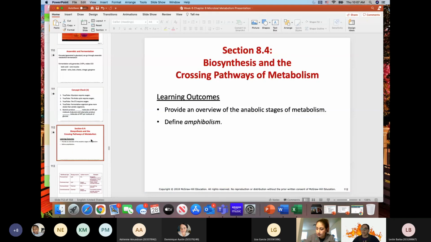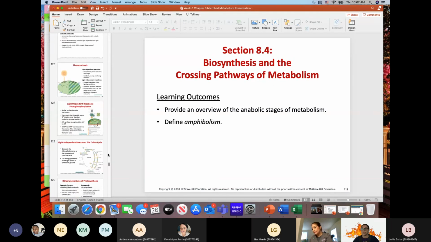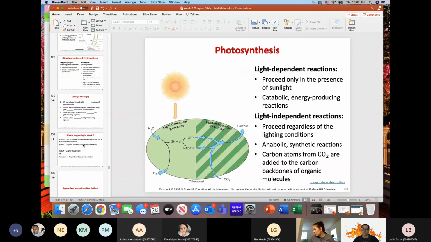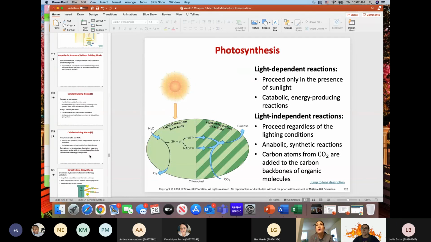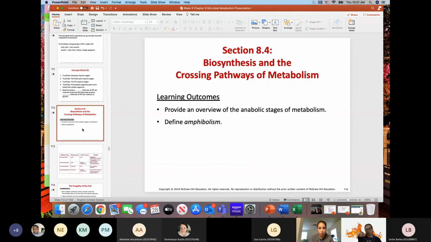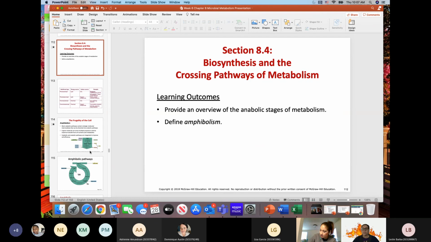The very end of this chapter goes into photosynthesis. But as you guys remember, I'm not going to require any photosynthesis. There's a small section at the end of this chapter that just discusses the upwards trend on the swoosh, the anabolic pathways, sometimes called the biosynthesis pathways. It's important that you know these happen, but the stuff on the swoosh is all I test you on.